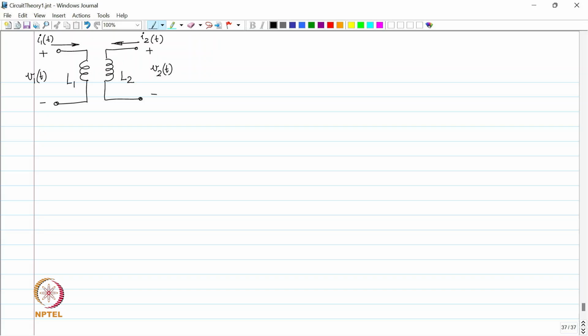Capital V indicates that I am talking about a phasor, a complex number. So, capital letters indicate a phasor, which is simply some complex constant. Any questions? No. Good.